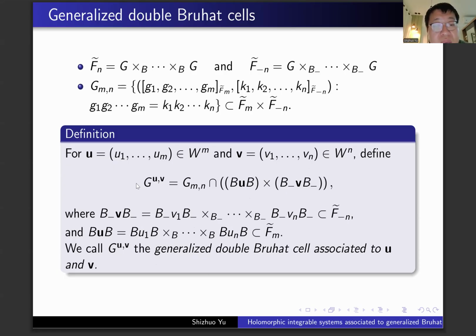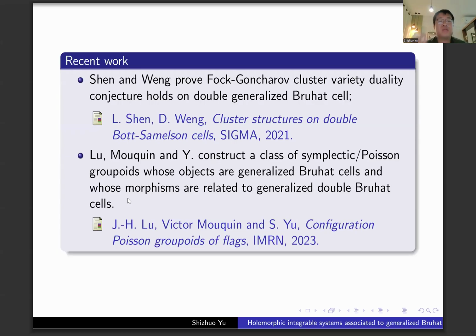We can easily see this fact. And recently, there is some work on the generalized Bruhat cell: Shen Lin, Hui, and Wang Daping studied the cluster structure on the double Bott-Samelson cells, which generalized the Berenstein-Fomin-Zelevinsky cluster structures on the double Bruhat cells.